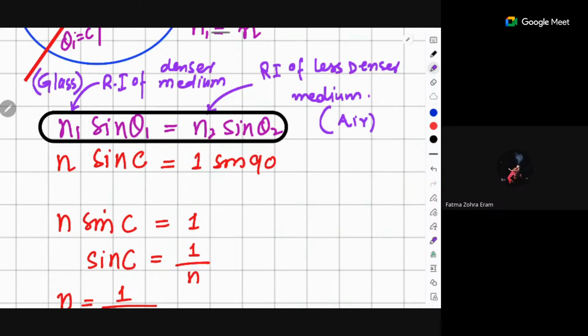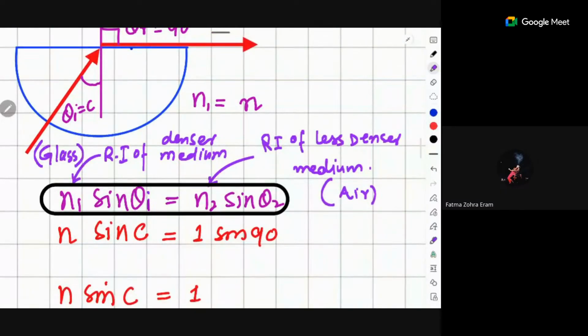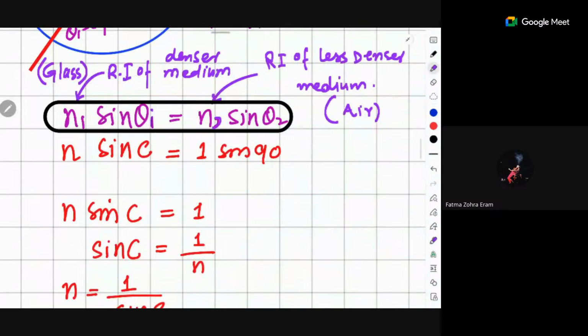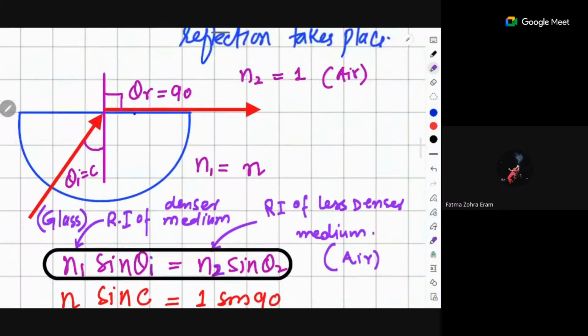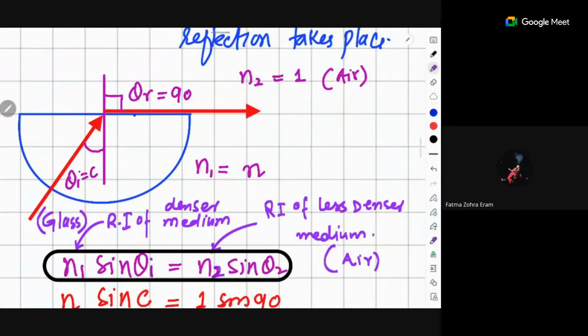Glass. So, if I say that the refractive index of glass is n generally, then sine theta I, because I told you here angle of incidence is your critical angle, and n2 is your 1, because that is air, and the angle formed in air is 90 degree. Is it? Angle formed in air is 90 degree.